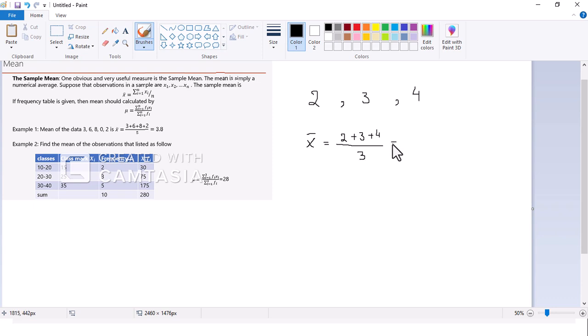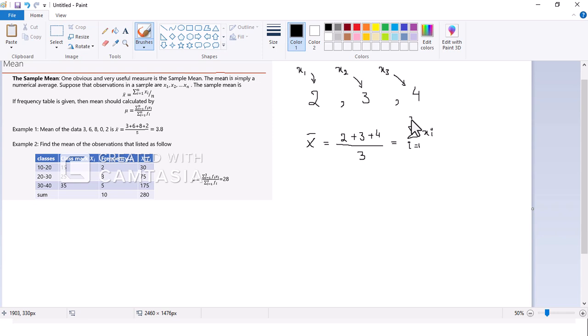If we want to use a symbol, we use summation notation. We add xi, where xi denotes the data: the first data is x1, the second is x2, and the third is x3. So we have 3 data, x1, x2 and x3, and instead of 1, 2, 3, I just put xi, indexed by i from 1 up to 3.